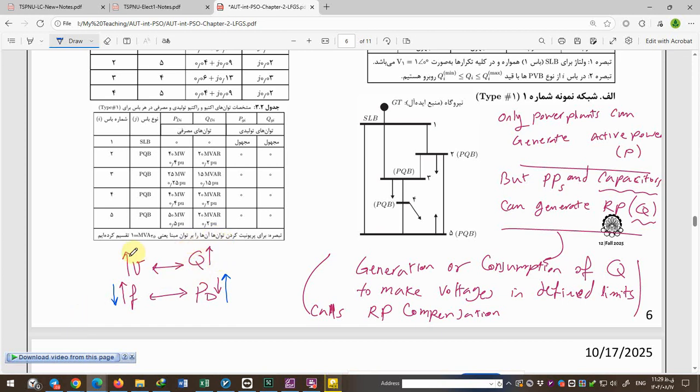Or for decreasing the voltage level of a bus, you can decrease the injection of reactive power. This is a very important concept of the direct relation between voltage and reactive power, and on the other side, active power and frequency.